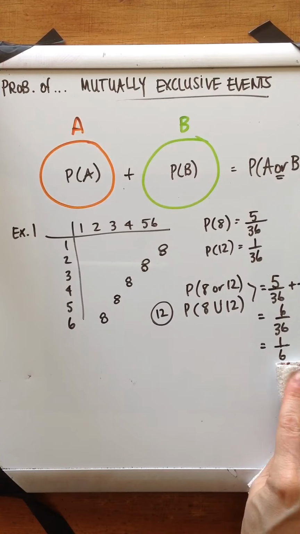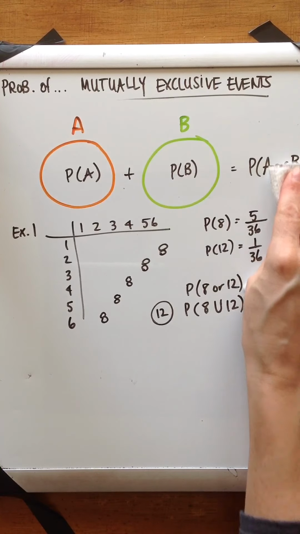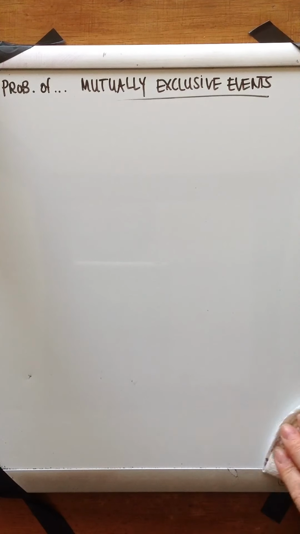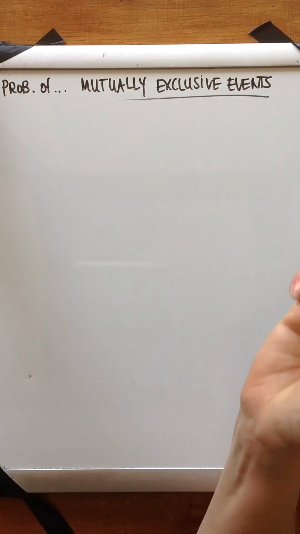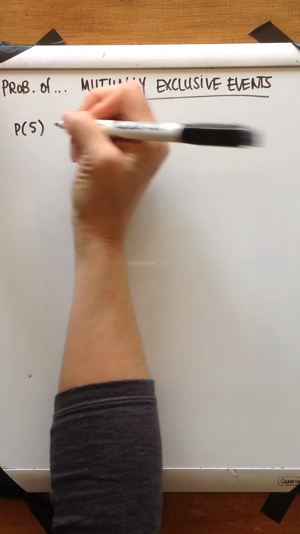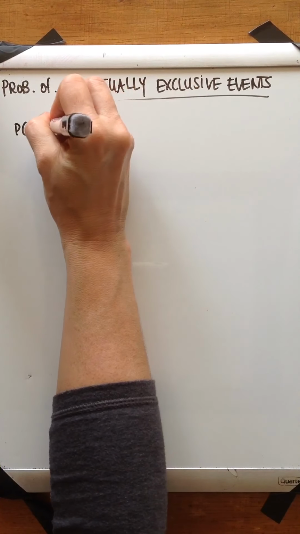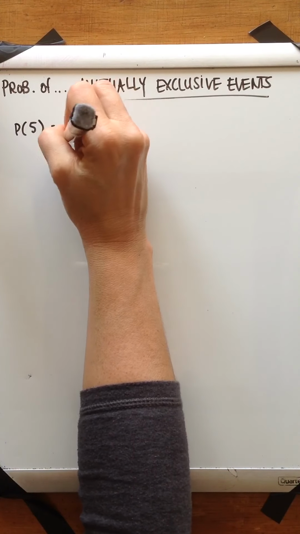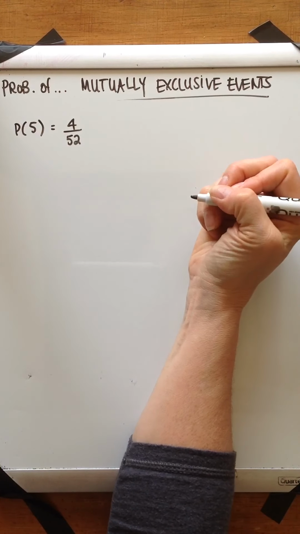All right, let's switch from dice to decks of cards. Let's say that you're going to draw from a deck of cards, and you want to know what your probability is of getting a 5 or a 7. So what's your probability of getting a 5? Well, how many 5s are in the deck? There are 4 of them out of a possible 52 cards in an entire deck.